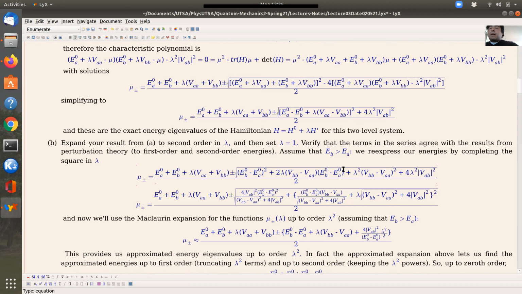And this is partly done because of the assumption of EB greater than EA, so that I have these factors, you see, so that this is positive. And then I have lambda squared, so this is the expansion. And then here I have 4 lambda squared norm of BAB squared. What I want to do is to add these two terms, have a single coefficient, and then complete the square.